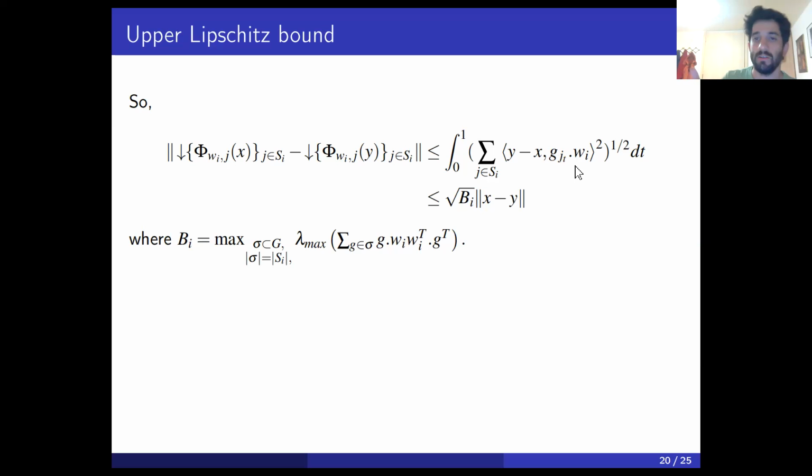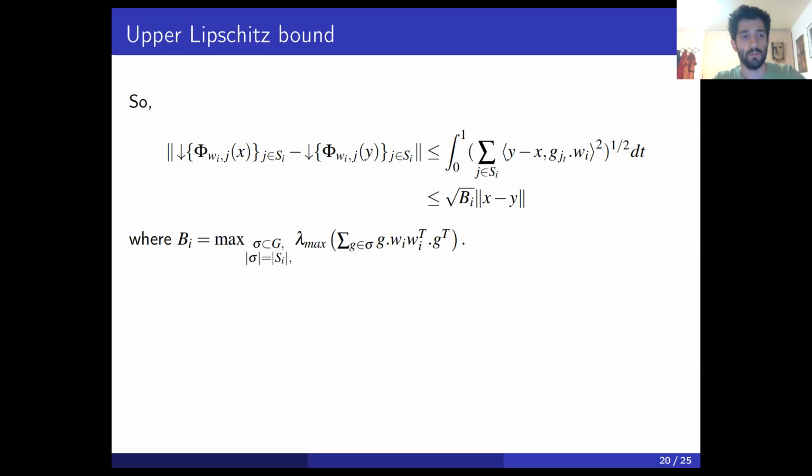So now the worst case scenario is if we find, for all possible choices of these group elements, the one that makes the matrix G of j w i, as j runs, have the largest eigenvalue, and then y minus x to be exactly the eigenvector for this eigenvalue. So this is what this formula B i represents.